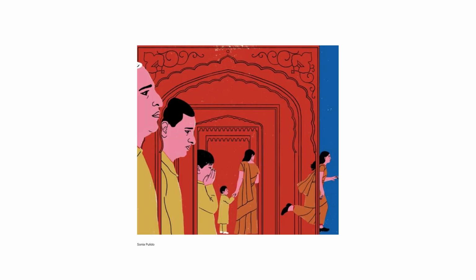This next one is by Sonia Pulido, and I think this one is really intriguing just because it ends up being something like an asymmetrical composition but it also has some elements of symmetrical composition as well, so you might argue it either way.